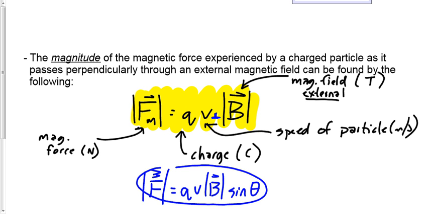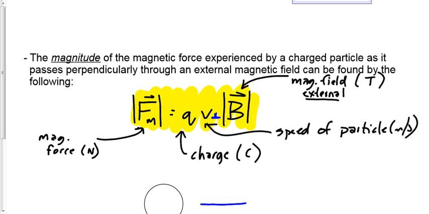What do you think that upside down T means? Yeah, it means perpendicular. It means this equation up here is only valid if V and B are perpendicular to each other. Otherwise, you'd have to use QVB sine theta, and that's not one that we have to know. So we're just not going to encounter it this year.